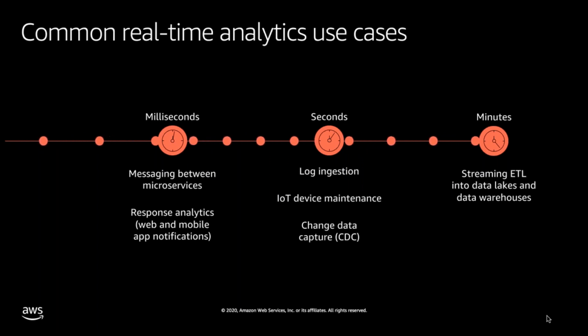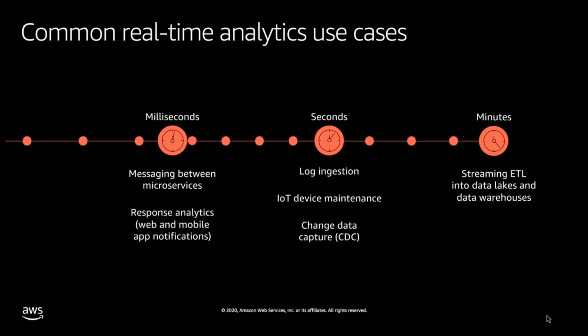In the middle here, we have the second time range. Here, oftentimes, we're aggregating a lot of this streaming data per second, and we use this for things like log ingestion, IoT device maintenance, and also to capture multiple changes in your database. These are often called change data capture, or CDC, kind of workloads.